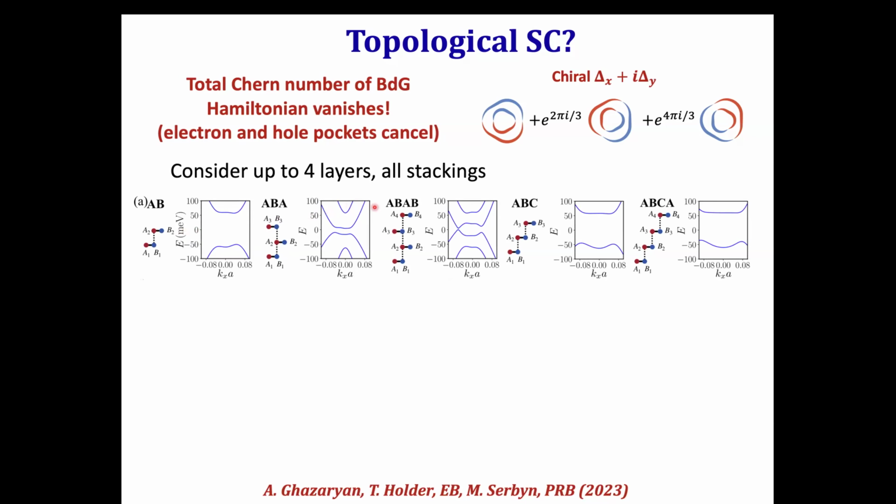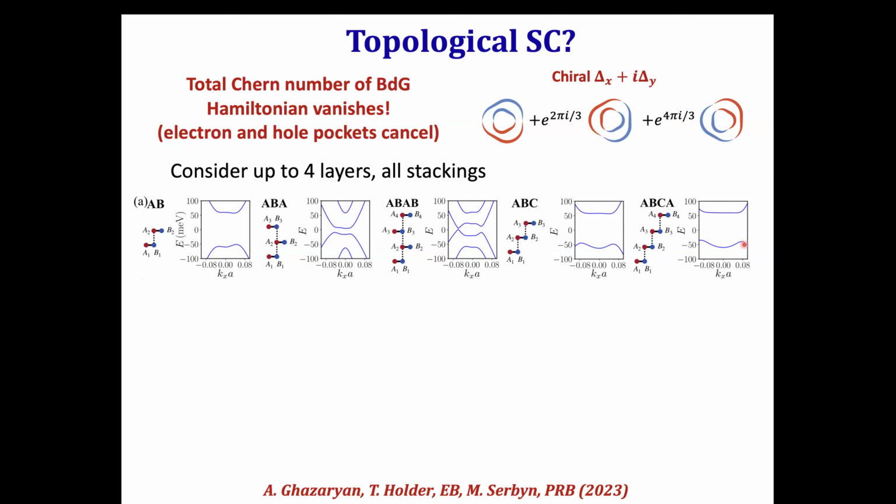Because of that, we're motivated to look at different numbers of layers and different stackings. So we considered bilayer graphene, trilayer graphene ABA, ABC, four-layer graphenes ABAB and ABCA. We just ran the same mechanism for all of these systems.